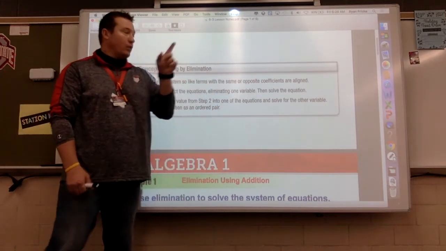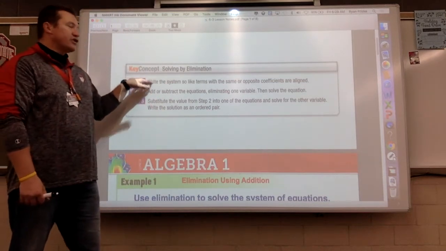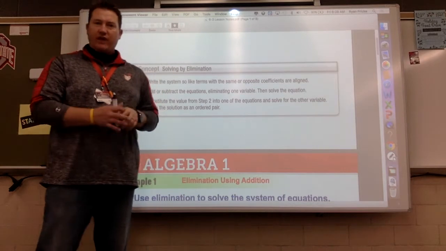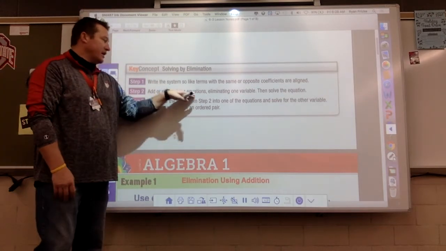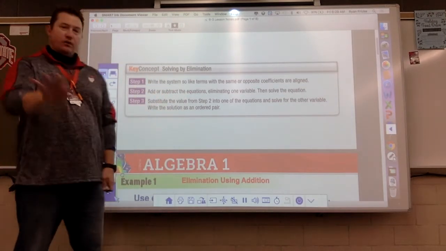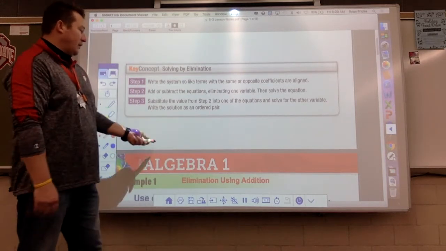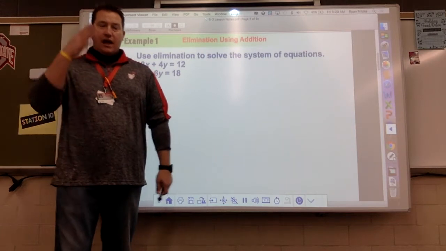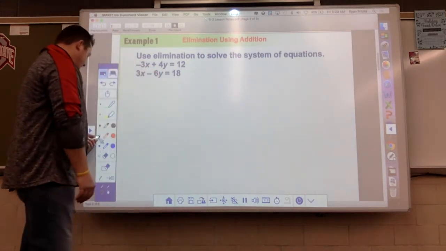What we do is create opposite or the same coefficients in one of our variables. Then we're going to do some adding and subtracting, and then we'll have a super easy equation to solve.